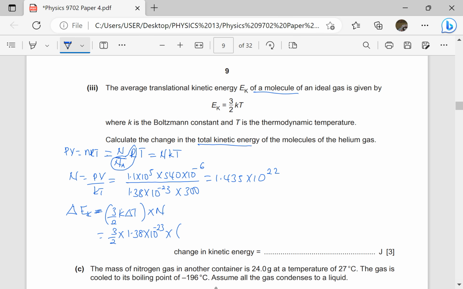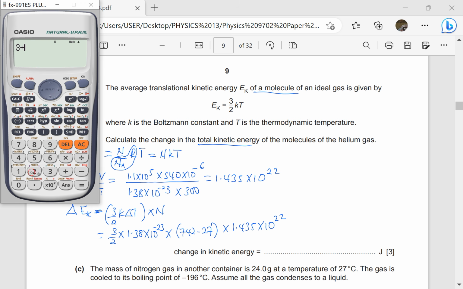Of course, a change in temperature on the degrees Celsius scale is the same as change in temperature on the Kelvin scale. So when I subtract temperature on the Celsius scale, I don't need to again add 273. So I'll just say 742 minus 27. Or you can have both of them already converted in Kelvin and then you subtract. It is the same. Then times the number of molecules, which we have got as 1.435 times 10 power 22.